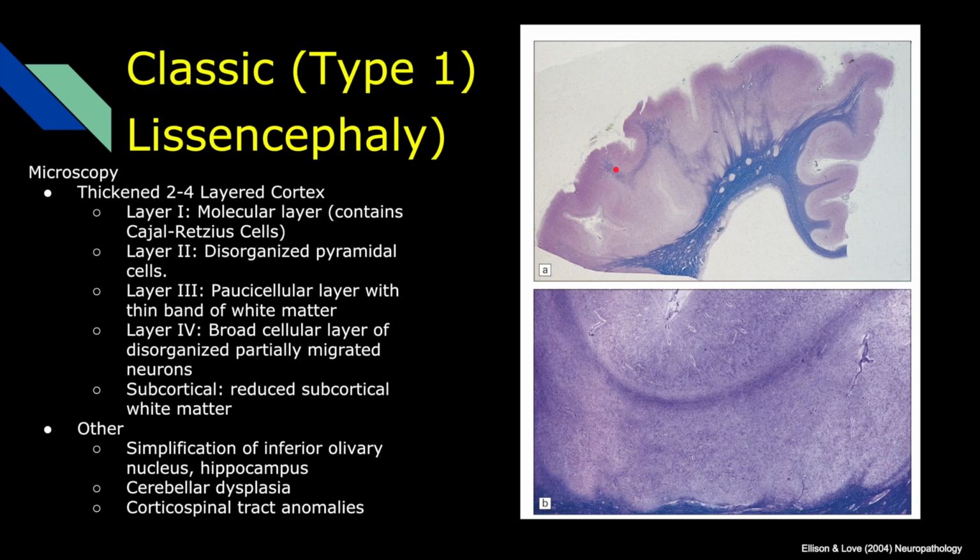You have this abnormal layer 3 band here, and you get these islands of inappropriately migrated neurons. Here's just another high power view of this from Ellison and Love, really showing the white matter in layer 3.